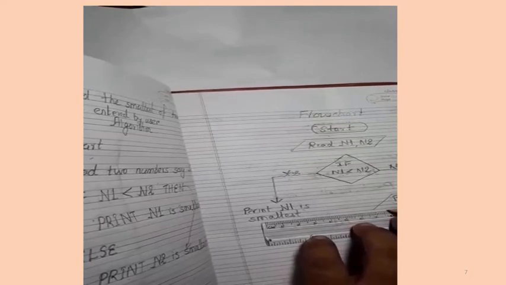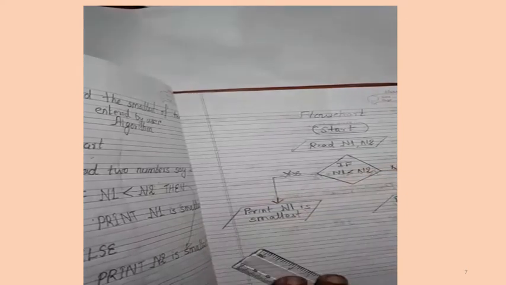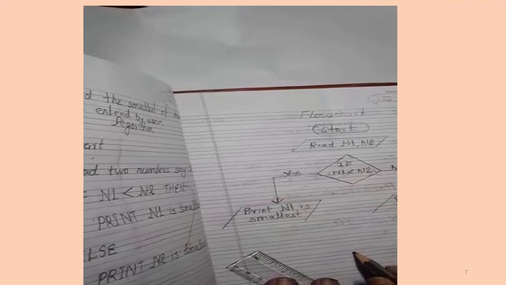So let me first draw the slanting side. It will be easier for me to draw. So you have to write first, then you draw. Then after that is stop. So I'm drawing the stop here in the middle.